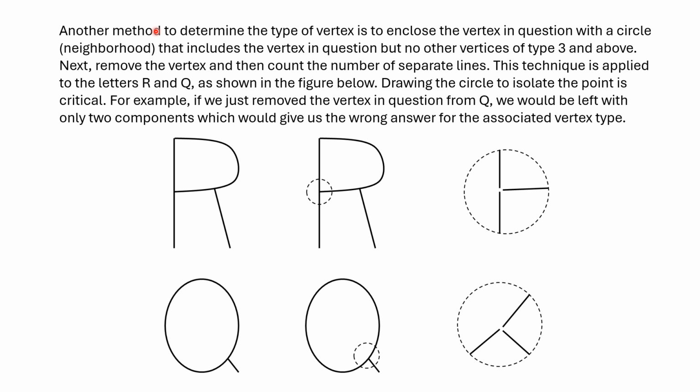So we have 2 examples here. We have the letter R using our particular script, and we can encircle one of the vertices here of type 3 or greater. So we encircle that, then we remove the vertex, that one little point, and then we see that we have 3 lines going into that. And we could have done the same thing here with this vertex.